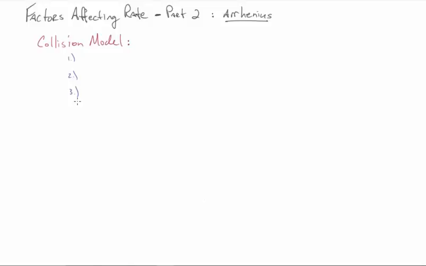Now, this is all based in the collision model, and there are three things that the collision model states. Number one, and you want to get these down, is that molecules actually have to collide in order to react, right? And we've been saying that for a while now. The second part says that when these molecules do collide, they have to be properly oriented in order for a successful reaction to occur.